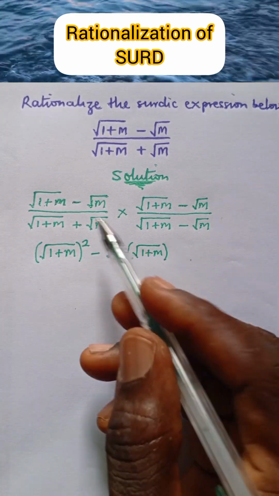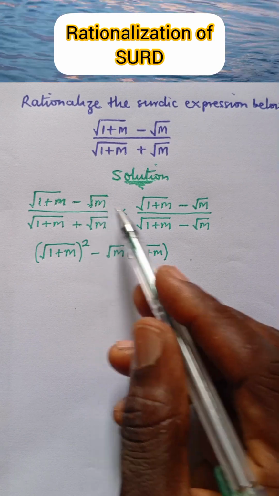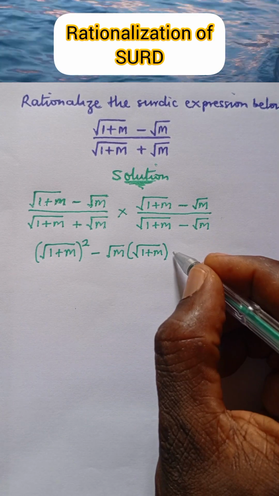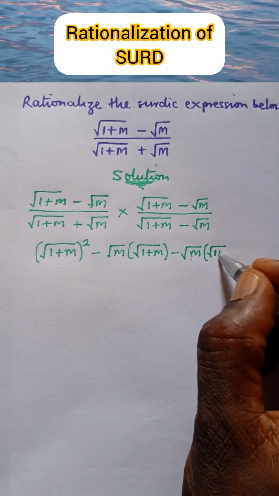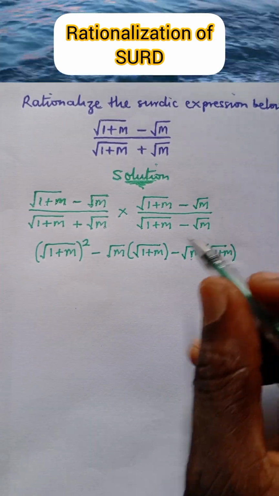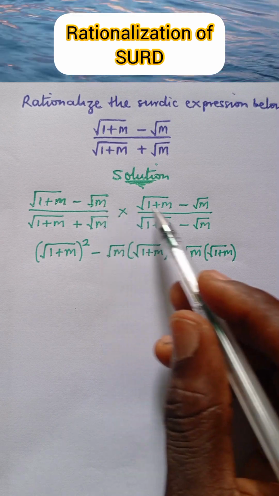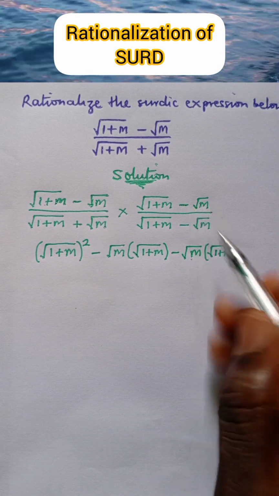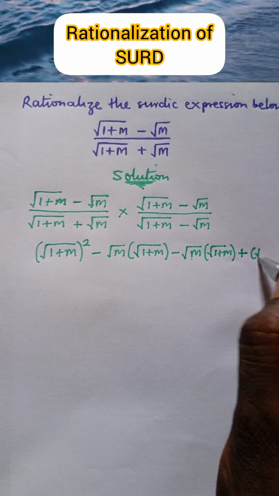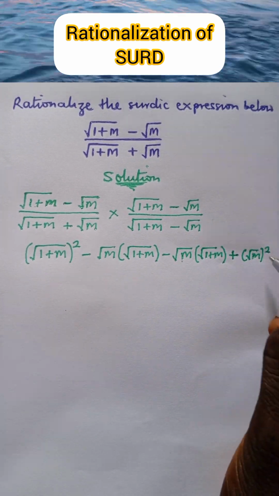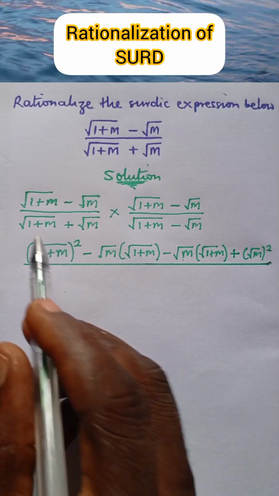Next, negative root m multiplies root 1 plus m. We still have the same thing, negative root m in bracket root 1 plus m. And finally here, negative root m multiplies negative root m. That gives us plus root m square. Okay, all over the denominator.